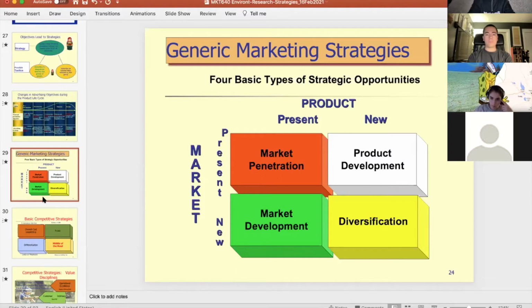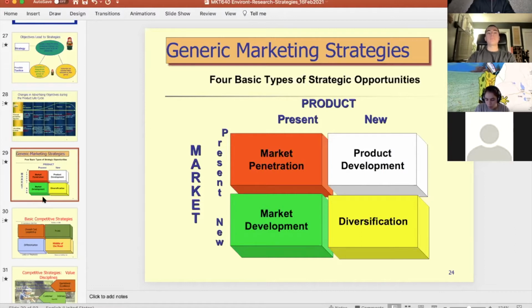And in fact, how do you know that? Because they may be buying just one and then buying another one at another time, or buying both, but for different reasons. Market development is when the product really stays very close to being the same, but it's not meant to be for the same consumers.